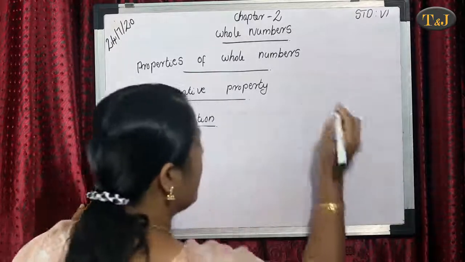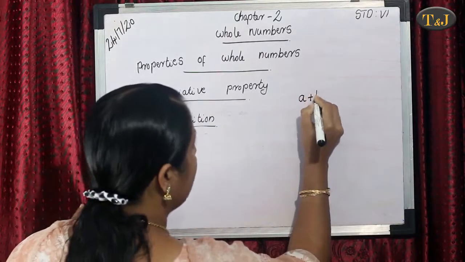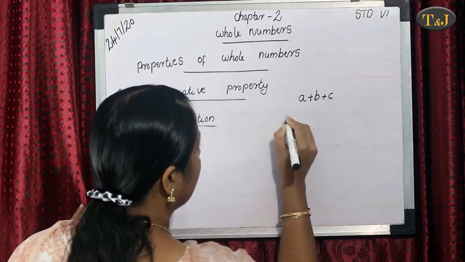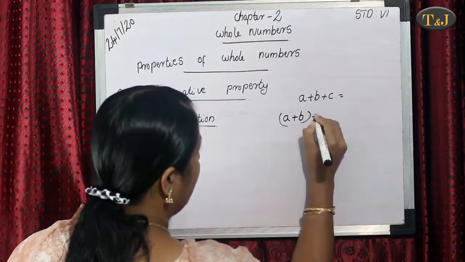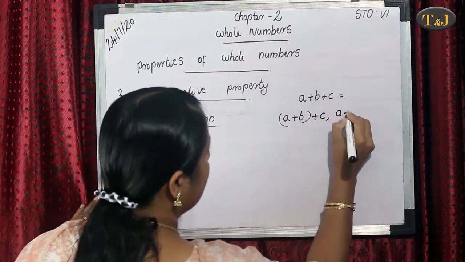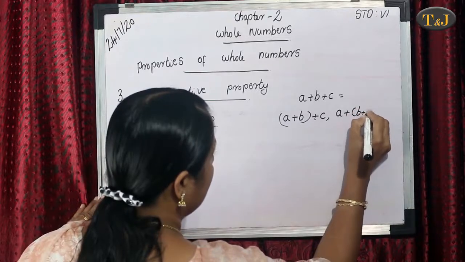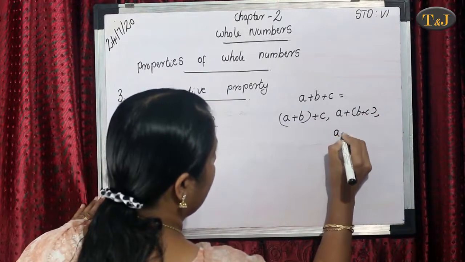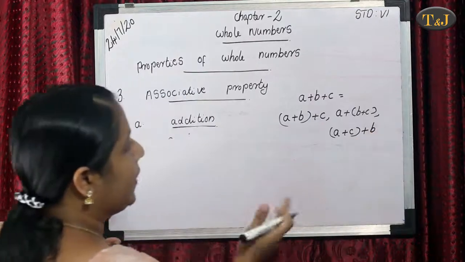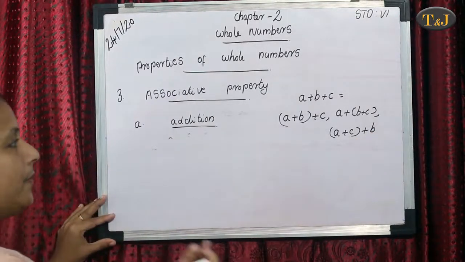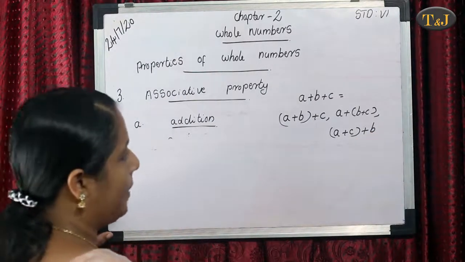Actually the associative property means A plus B plus C equals A plus B plus C, then A plus B plus C, then A plus C plus B. In any way we add, we get the same answer.